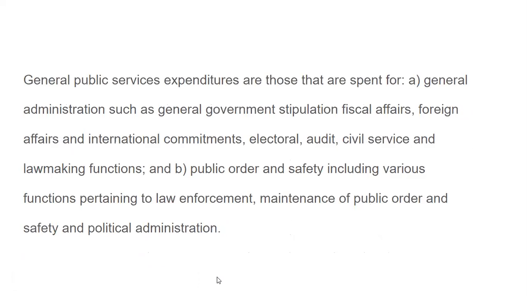What are general public service expenditures? These are those that are spent for general administration, such as general government, administration of fiscal affairs, foreign affairs, and internal commitments, electoral, audit, civil service, and lawmaking functions, and public order and safety, including various functions pertaining to law enforcement, the maintenance of public order, safety, and political administration.